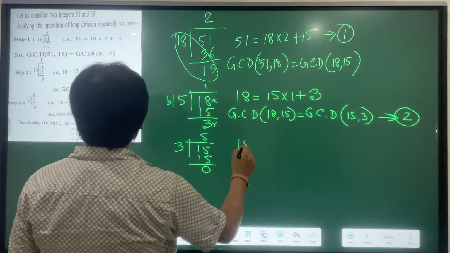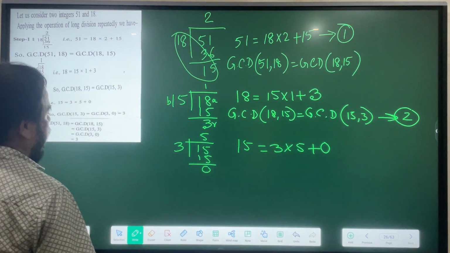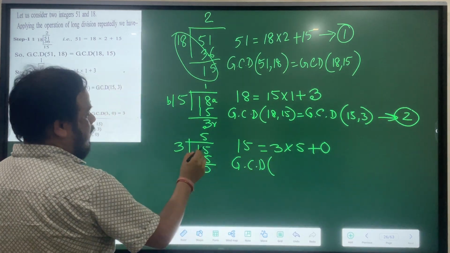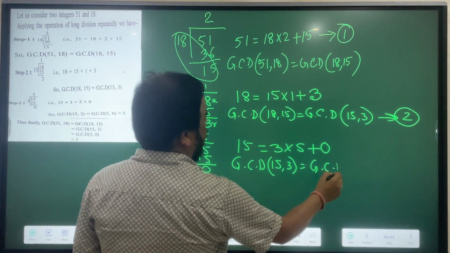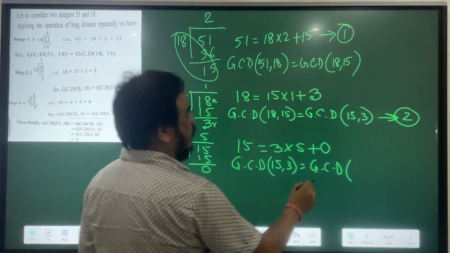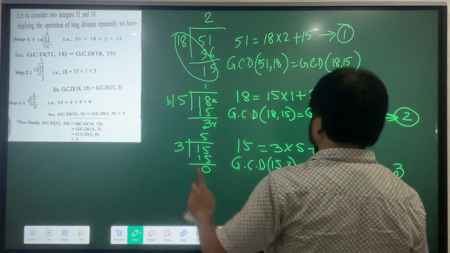That is 15 is equal to 3 into 5 plus 0. Now what we will write? GCD of A, B, 15 comma 3 is equal to GCD of B, R, 3 comma 0, which is 3.